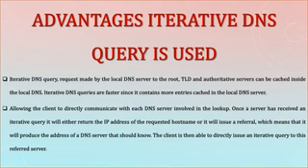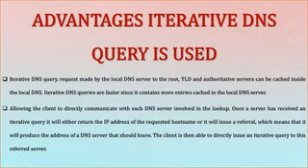Iterative DNS queries are faster since they contain more entries cached in the local DNS server, allowing the client to directly communicate with each DNS server involved in the lookup.